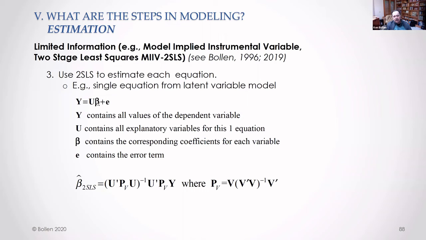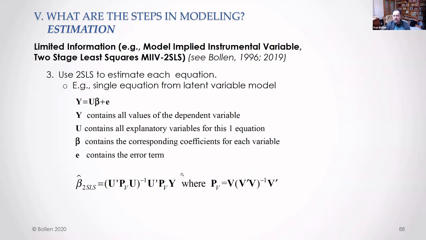So to get the regression coefficients and intercepts, with this MIV two-stage least squares approach that goes equation by equation, we do not need numerical minimization. We have this matrix expression here, which, if we plug in the values of the observed variables, the output will be our factor loadings, our regression coefficients, whatever is present in that equation.